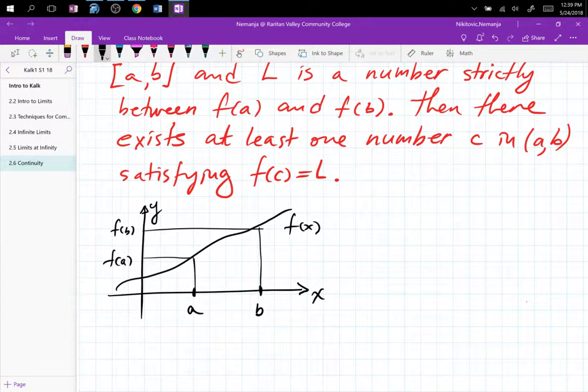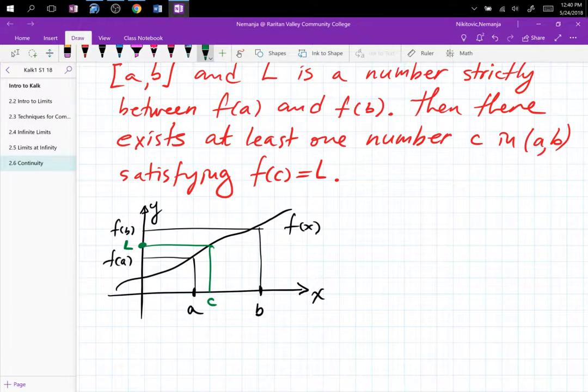So if the function is continuous, then if you pick any L between f of a and f of b, that L is guaranteed to be produced by one or more numbers between a and b. And you can trace it back.